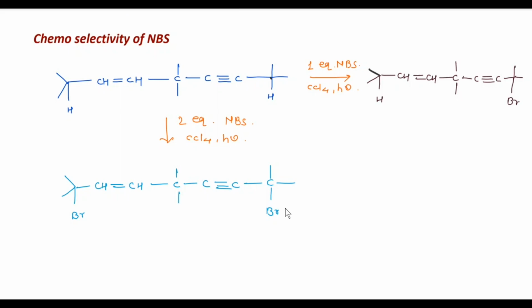It is selective alpha to the carbon-carbon triple bond because the bond energy of the carbon-hydrogen bond alpha to the carbon-carbon triple bond is less than that of the alpha hydrogen of the carbon-carbon double bond. Therefore, selectivity of halogenation alpha to the carbon-carbon triple bond occurs when one equivalent of NBS is used.